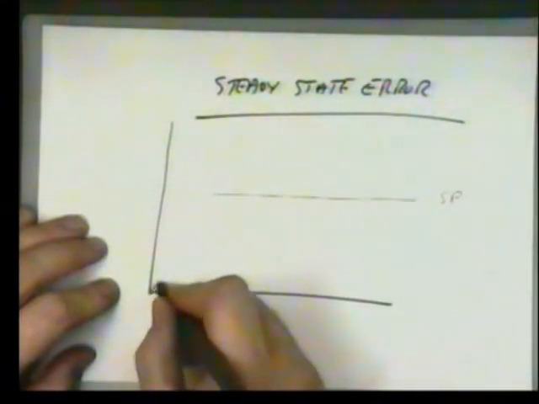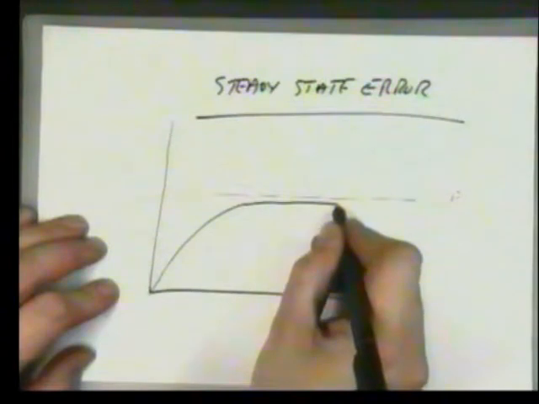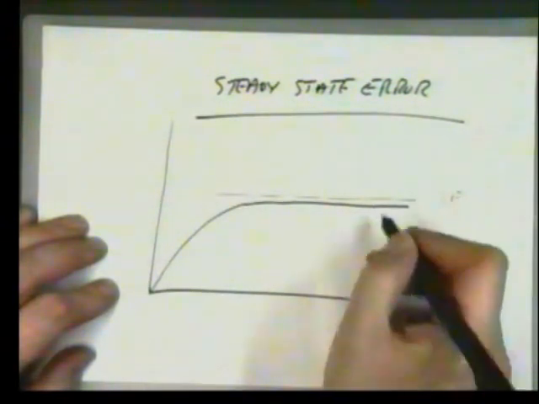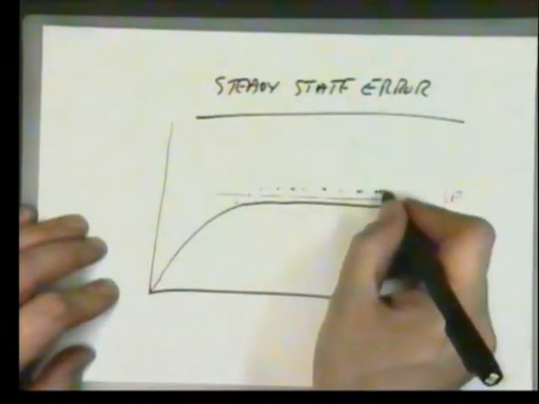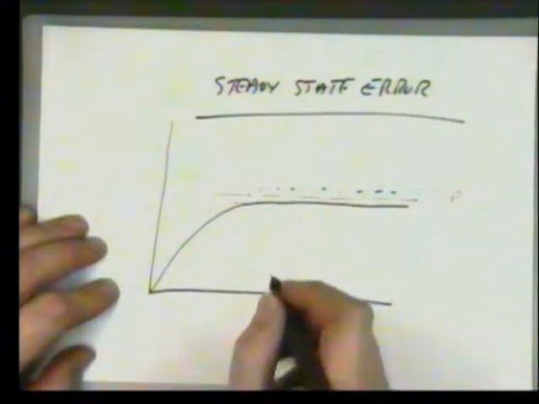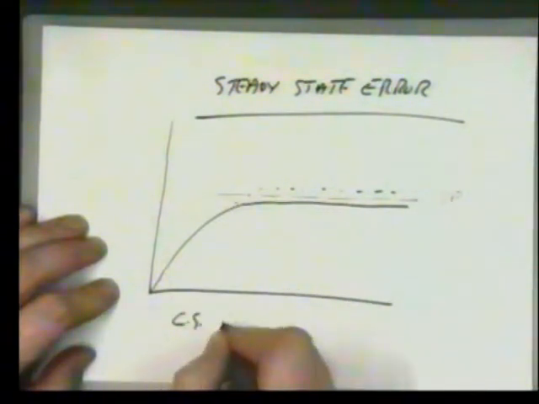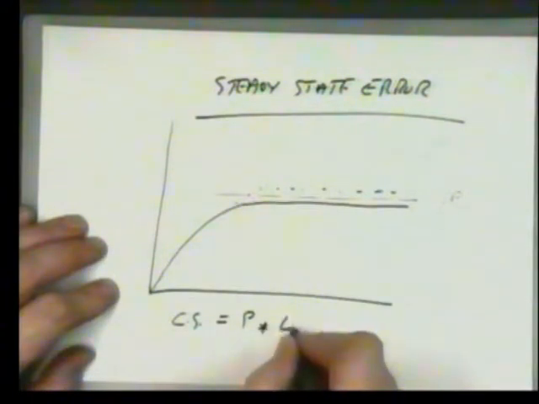So our actual response characteristic with a purely proportional controller, this is exaggerated, it always ends up looking like this. A little bit below, or it might be a little bit above, but it's never spot on. You never ever get the set point to equal the measured variable.